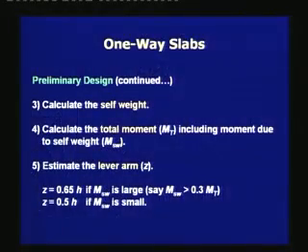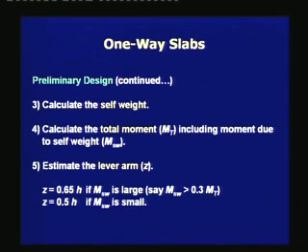After this, we estimate the lever arm, which we are denoting as Z. Z is equal to 65% of the total depth, that is 0.65 H, if the self-weight moment is large. Say the self-weight moment is greater than 30% of the total moment.